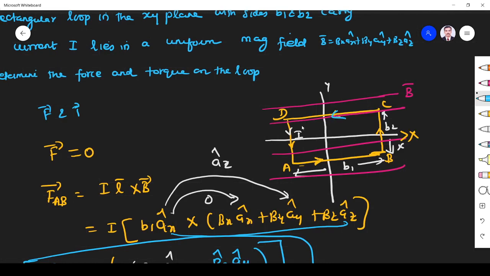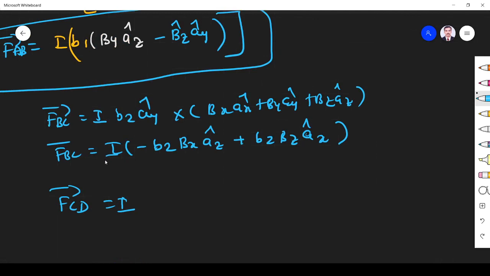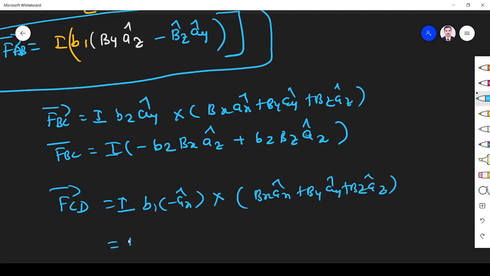The length is the same, B1. So it is I B1 into minus ax cross Bx ax plus By ay plus Bz az. If you simplify, you get I into minus B1 By az plus B1 Bz ay.